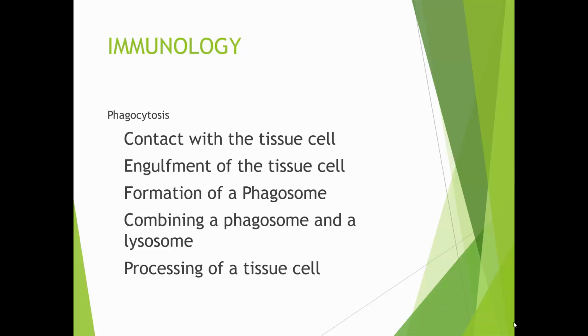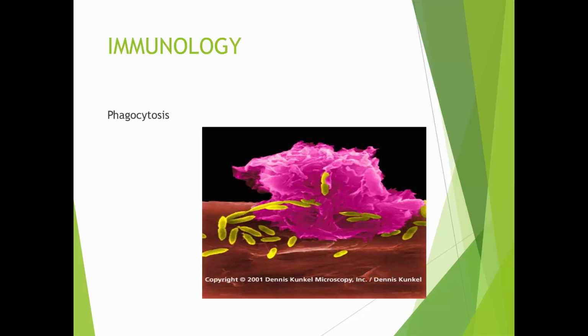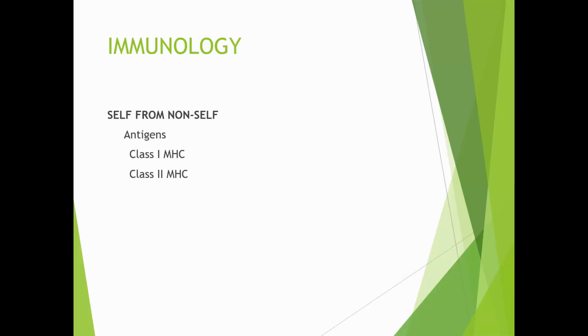It then combines with a lysosome, and lysosomes contain the material that destroys the foreign cell. Then they process that tissue cell. Just think about placing a liver into a person. What will happen? Now, this is just a picture of an antigen-presenting cell taking up a liver cell in the process of phagocytosis.